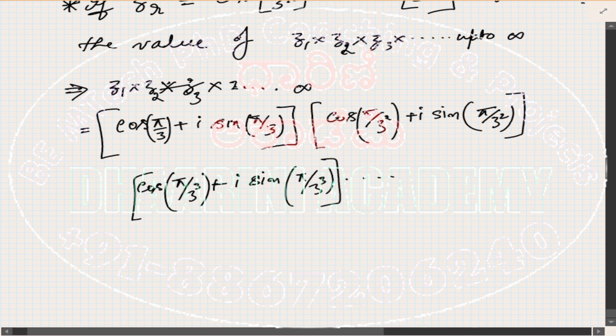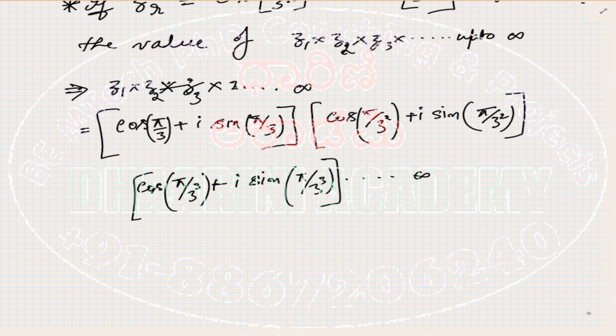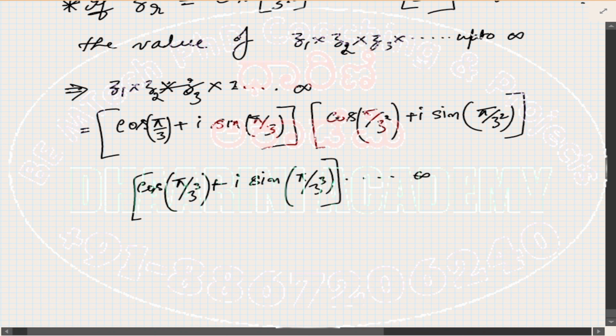Now the terms are cos theta 1 plus I sin theta 1 into cos theta 2 plus I sin theta 2 and so on.